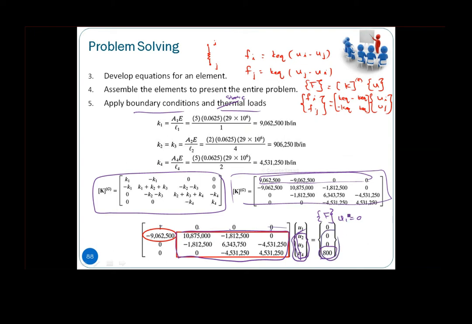Solve this using what you have learned manually: either direct methods, iterative methods, Jacobi, Gauss-Seidel, Gauss elimination, or LU, or even the inverse matrix to find the inverse of the K matrix, or you can use MATLAB or Excel to find U2, U3, and U4.